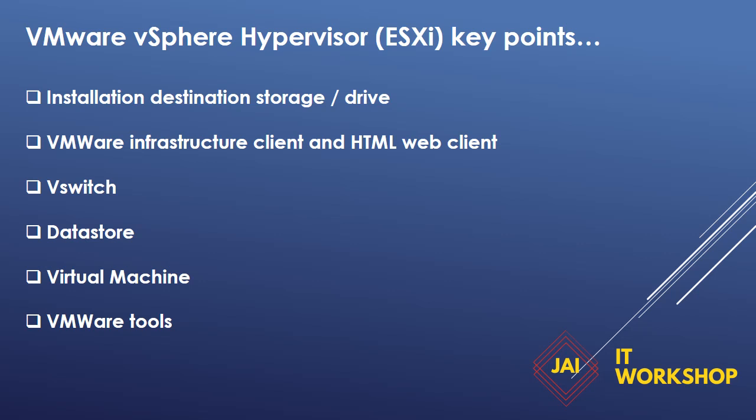Apart from that, if you don't install VMware Tools, sometimes you may face issues like the network card not being present in the virtual machine, and your mouse cursor lagging. These problems can be solved through VMware Tools. So these are the major things which we can do from a hypervisor.